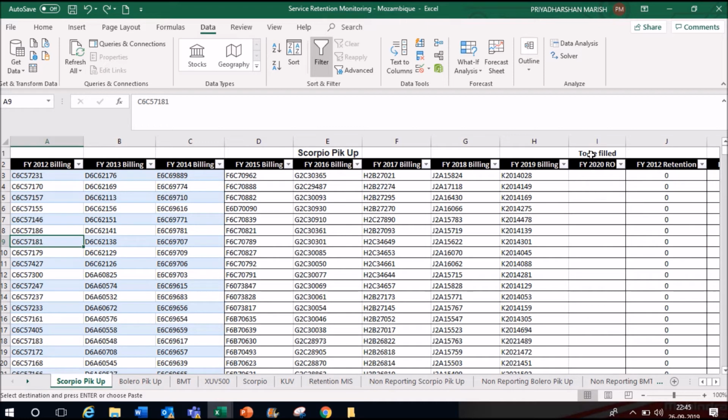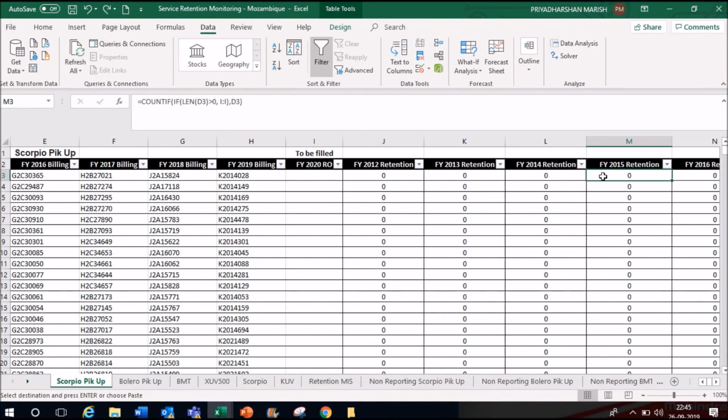So all you will have to fill in is this particular column, which is your vehicle reporting data of FY20, which is April 2019 to September YTD 2019. So just notice this portion of the table as I feed the repair order data.